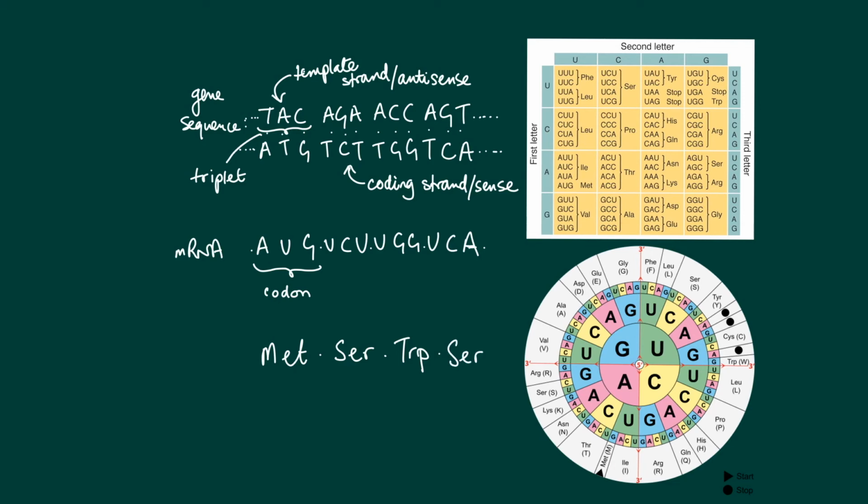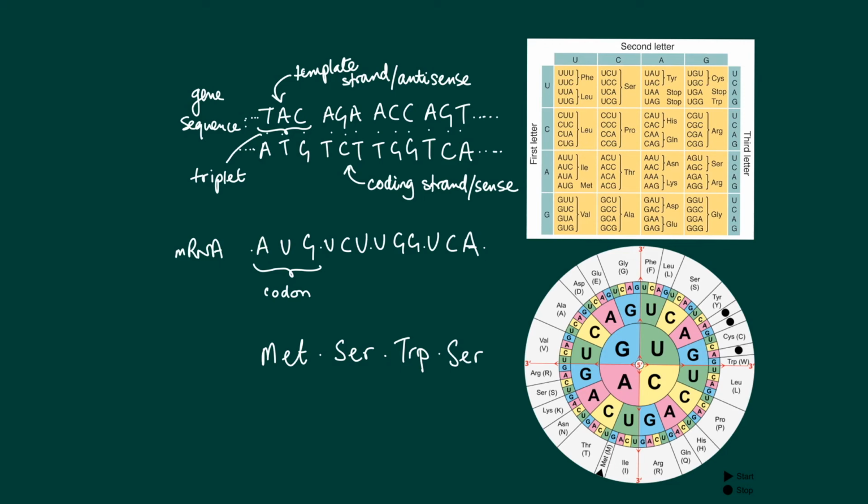So our hypothetical gene sequence gives us a polypeptide, or primary structure, of methionine, serine, tryptophan, and serine.